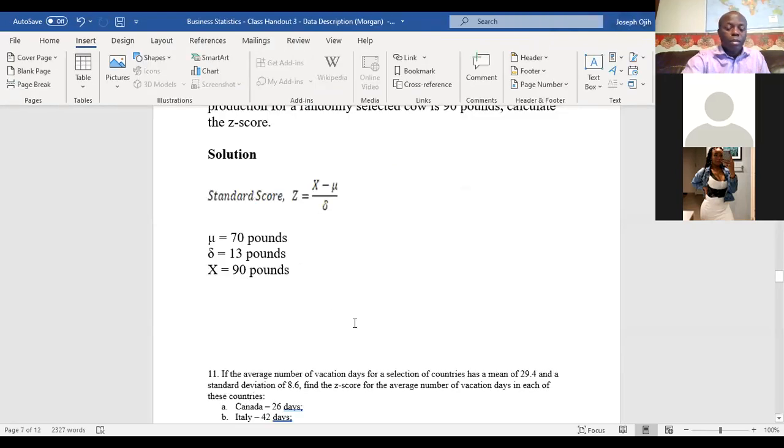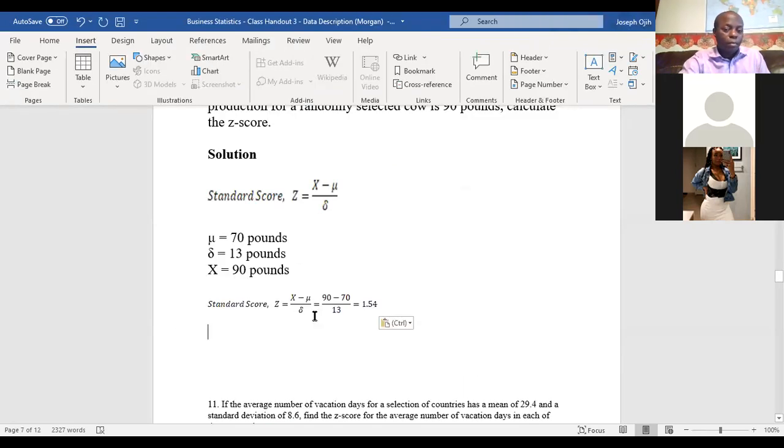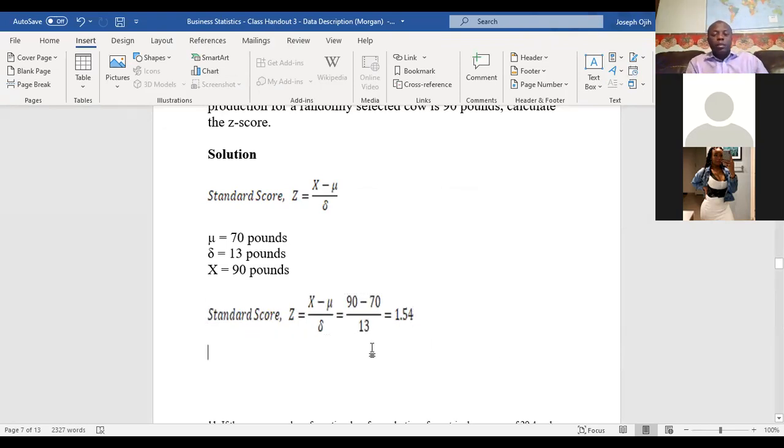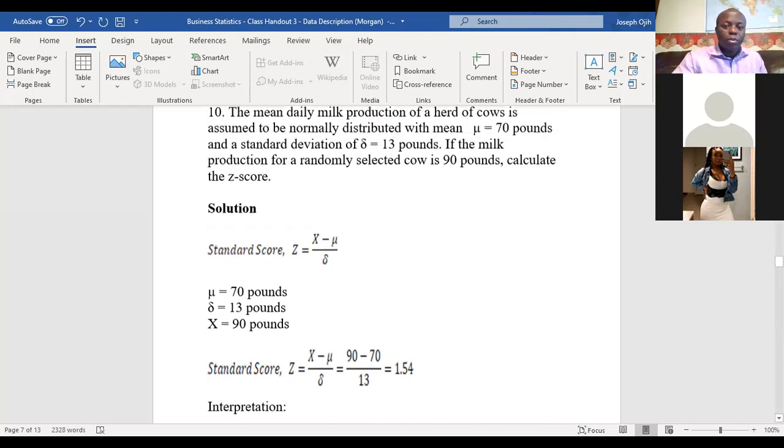Because it is positive, we say it is above the mean. It is above average. So now let's interpret this.